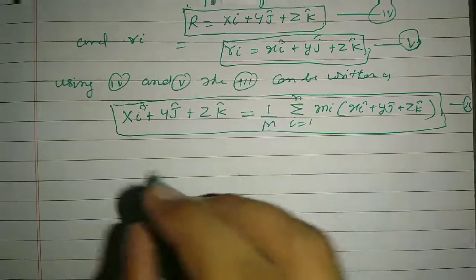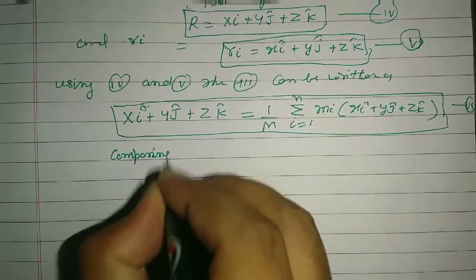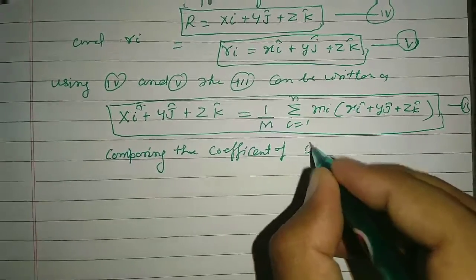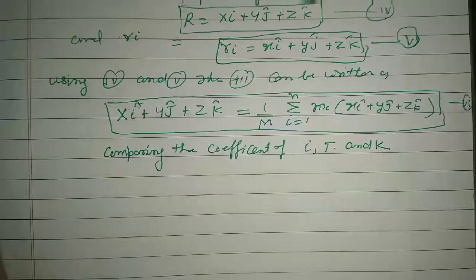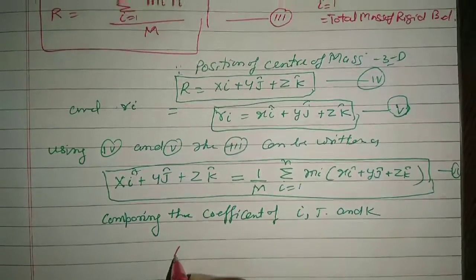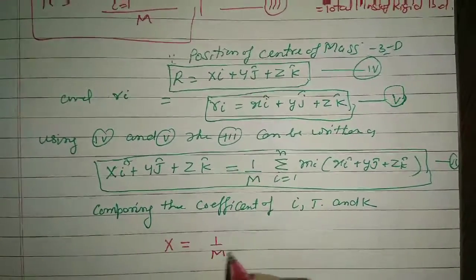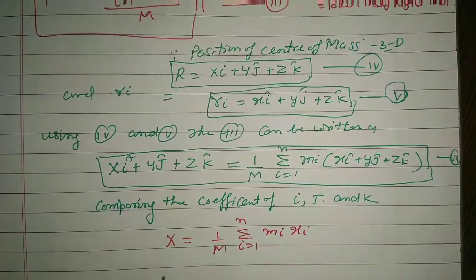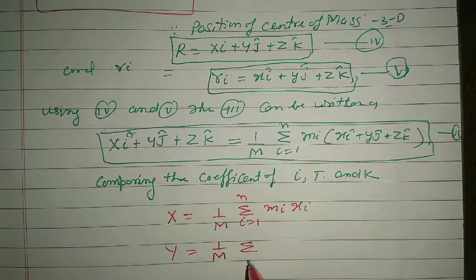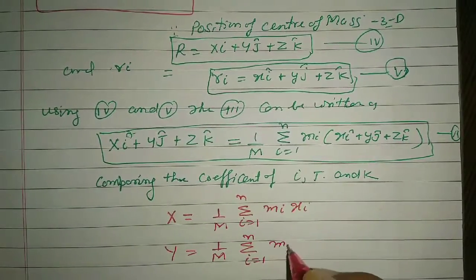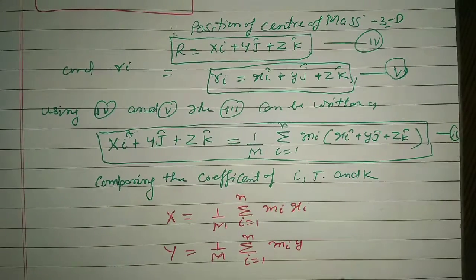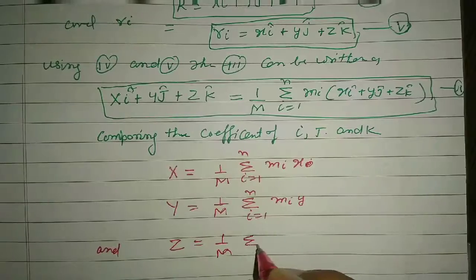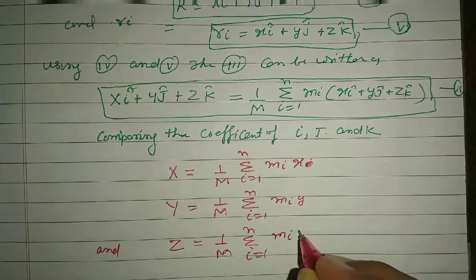Now comparing the coefficients of i, j and k, we may write capital X on the left hand side is equal to 1 upon M summation i is equal to 1 to n mi xi, Y is equal to 1 upon M summation i is equal to 1 to n mi yi, and Z is equal to 1 by M summation i is equal to 1 to n mi zi.